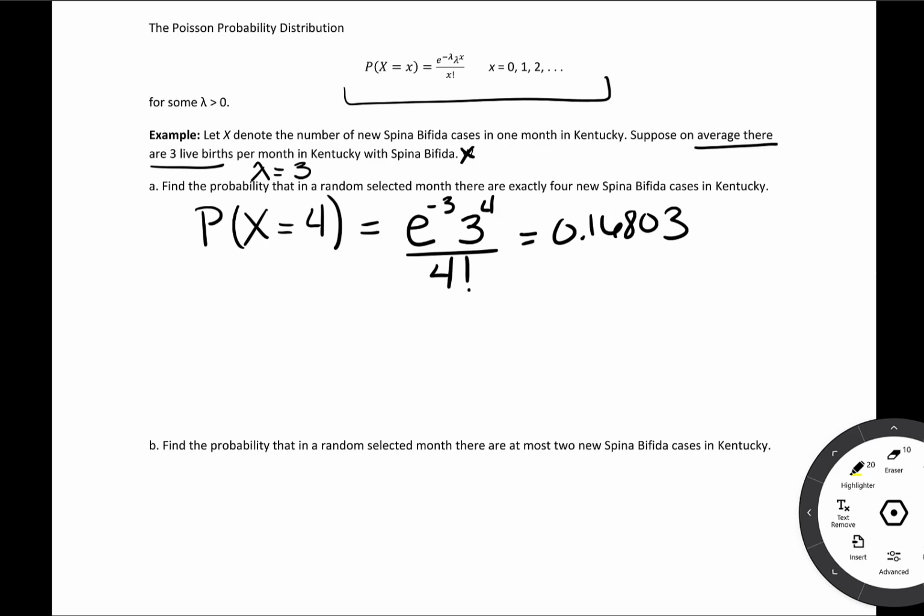These can be really useful because suppose that you're working for a hospital and you're trying to figure out how to prepare for certain things happening. Okay, so you want to prepare if you've got a certain number of patients with a particular condition. Are you ready to handle that? Using a Poisson distribution, we can figure out the probability of seeing those types of patients or a certain number of those types of patients within a given time frame.